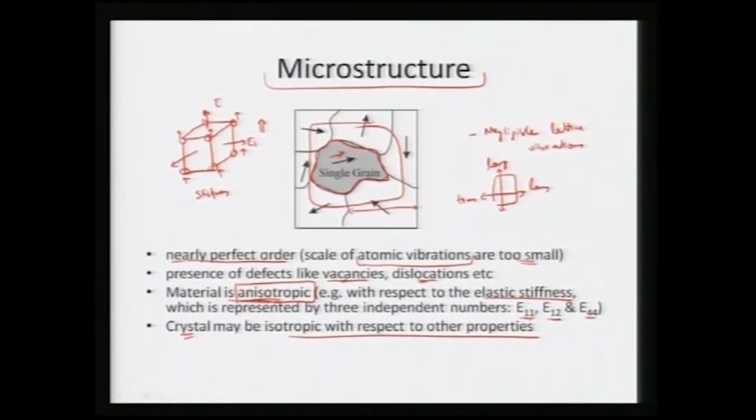E1, E2 and E3 might be similar or the same in all directions, because these atoms are behaving in a similar manner. So, though they might have a net magnetic domain along the vertically upward direction, the crystal might have similar stiffness along all three directions. That makes the material anisotropic with respect to certain properties, but it might remain isotropic for other properties.